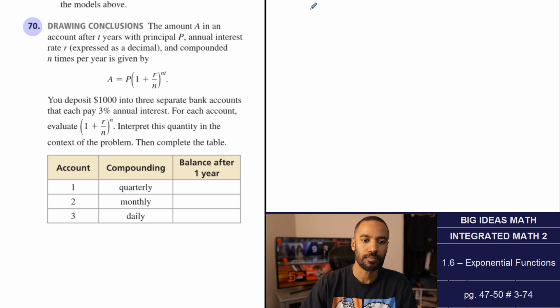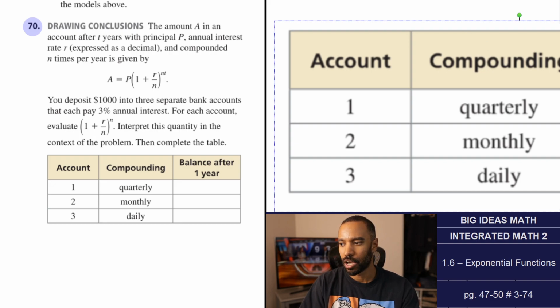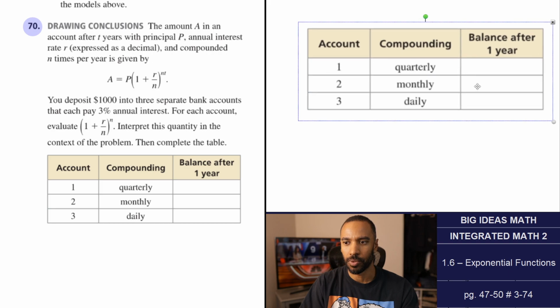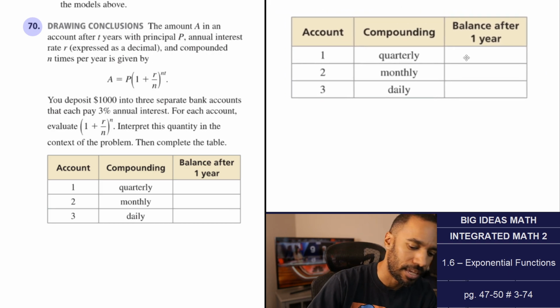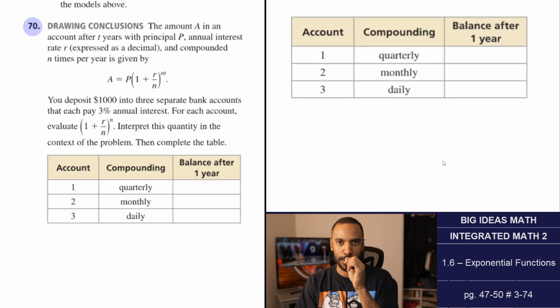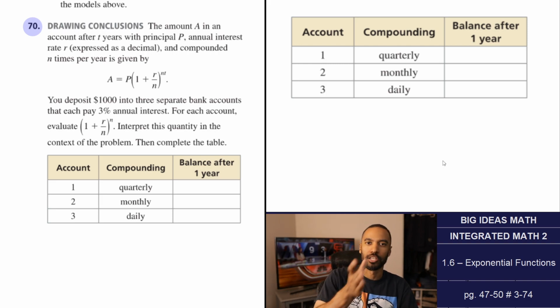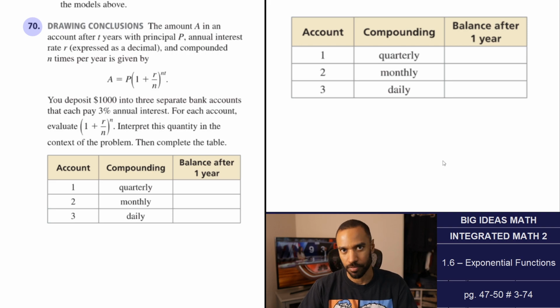Okay, so I'm going to copy paste the table, and I don't want to give a full lecture on what this is, but you would need to know how to actually do it. The idea of compounding interest, as I've mentioned before, is that 25% upon 25% is not the same thing as 50%.